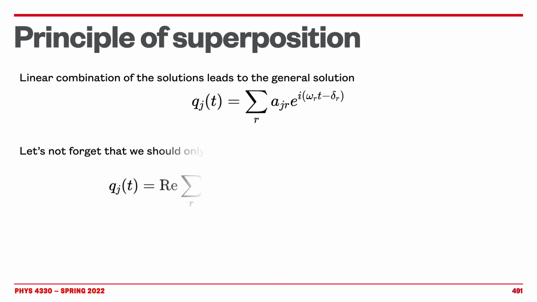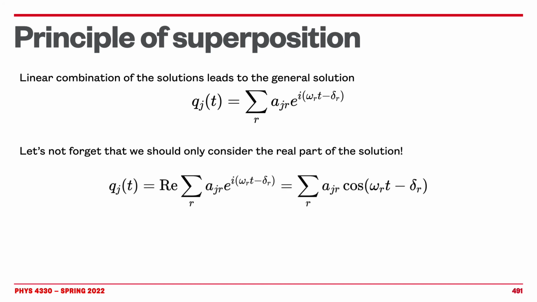Of course, we do not forget that the solution is actually only the real part. We are using complex numbers because it's very easy to deal with exponentials, but in this kind of theoretical physics, complex numbers don't mean anything experimentally.